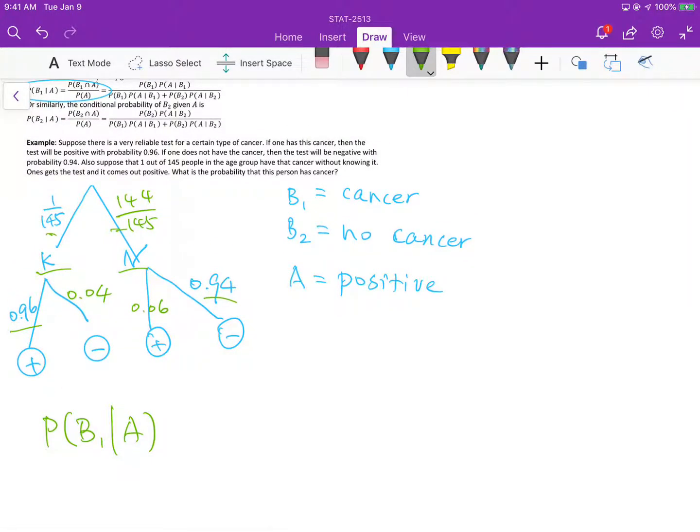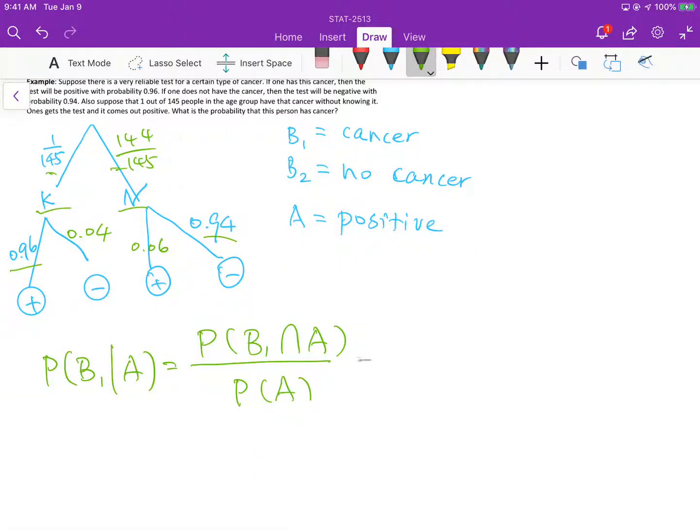We use the first formula. The first step, just by the definition of conditional probability, is P of B1 intersect A over probability of A, right?